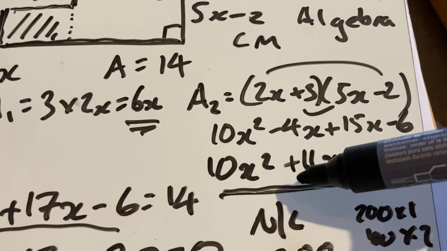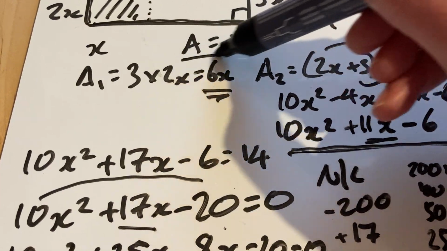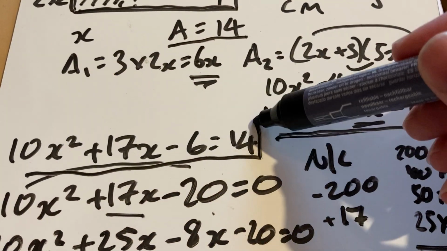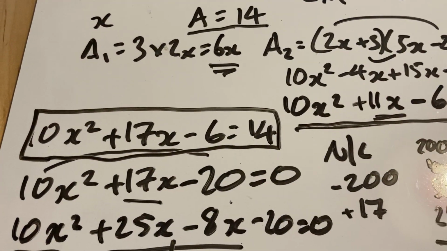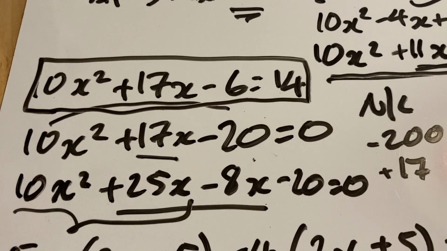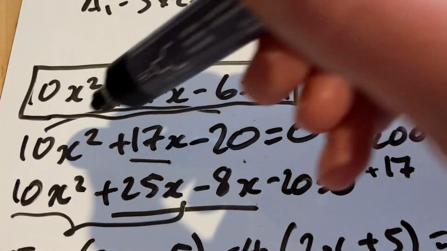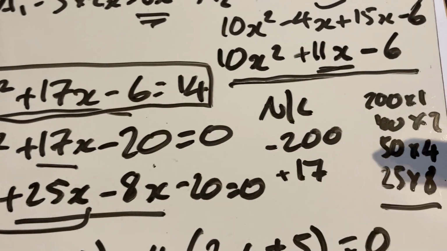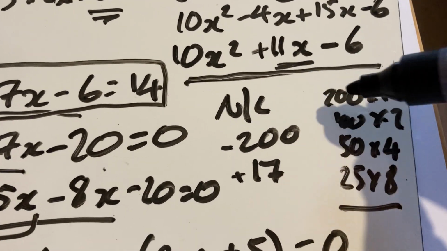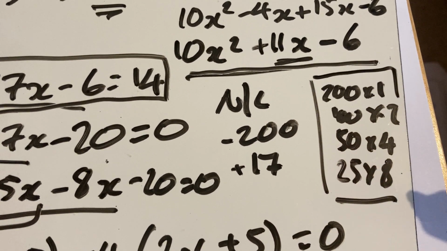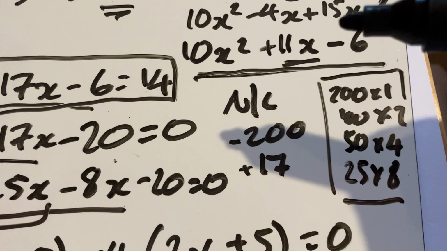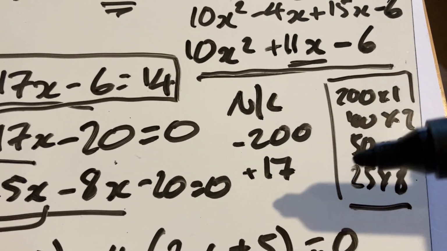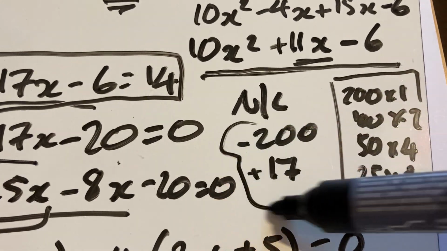I add the two together, and I'm told that they equal 14. So I have that. Then I have to factorize by grouping, and I go through by multiplying 10 by 20 to give me 200, and I work out the factor pairs of 200 that multiply to 200, but sum to 17.